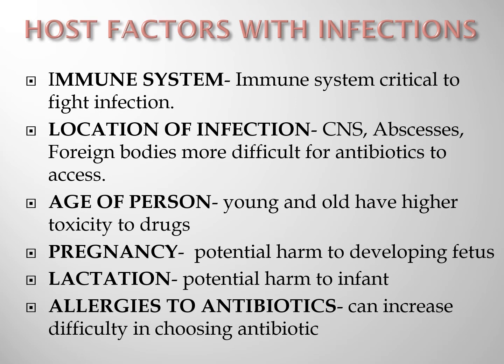The age of the person. So a very, very young infant, a neonate, or a very, very old person, they have higher toxicities to drugs, but even more important, they have an immature immune system. So newborns have a very immature immune system, and they as well have not received any immunizations yet.